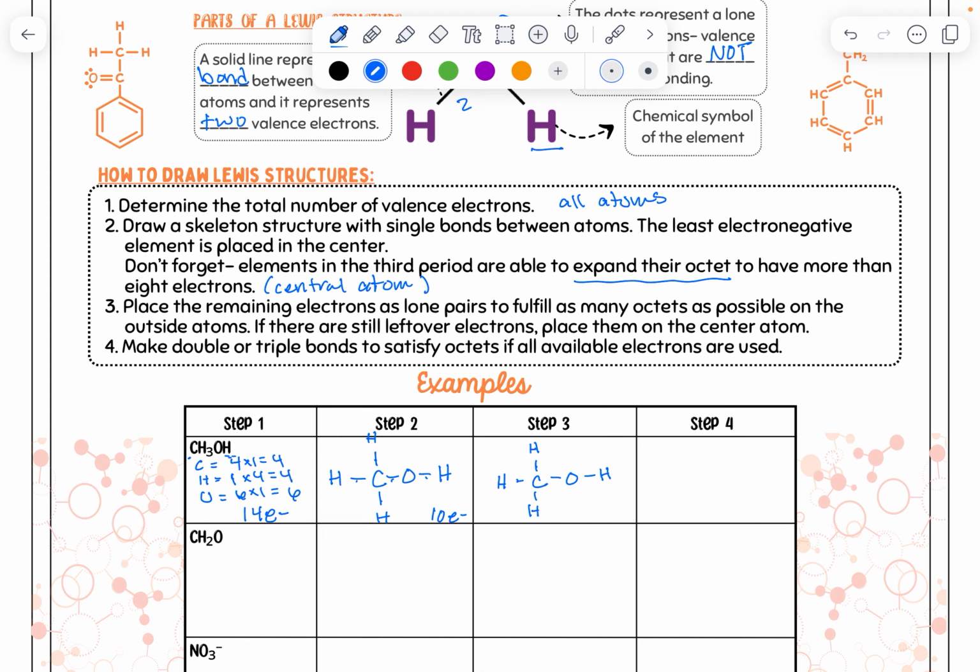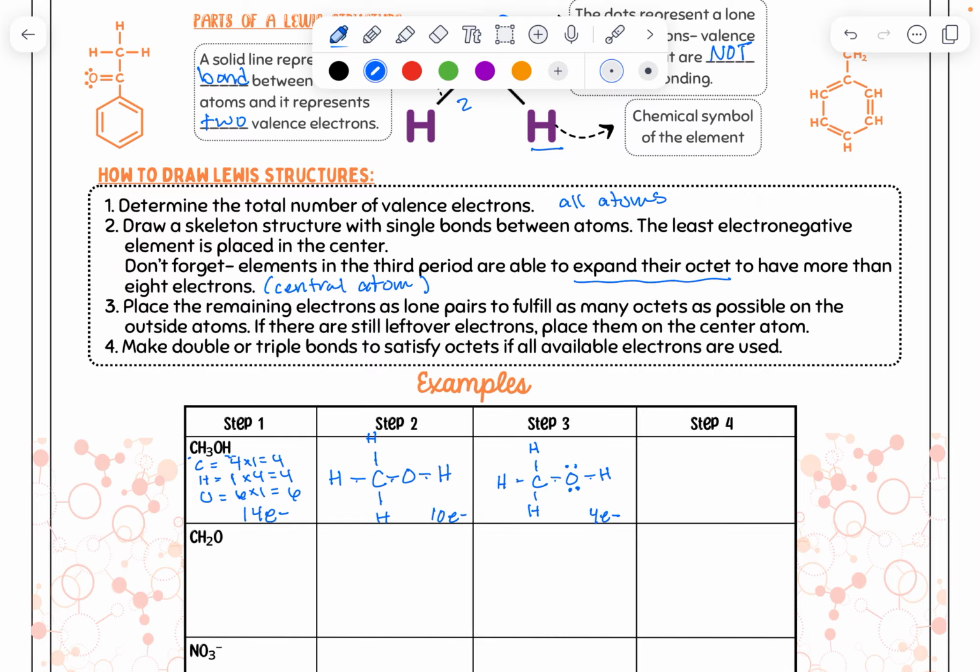But here oxygen has 2 and 4 electrons bonded to it. Now remember, I have 4 electrons left over, so I'm going to put lone pairs on my oxygen with those electrons that are left over. And now I have 2, 4, 6, 8 electrons on my oxygen, and this completes my Lewis diagram.